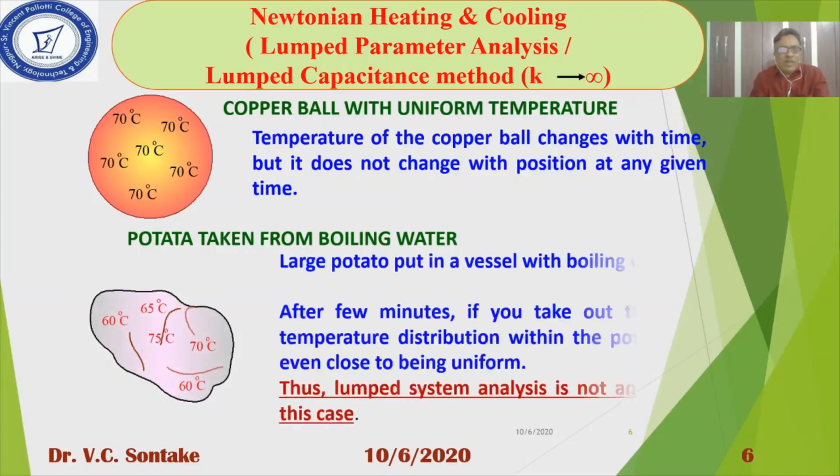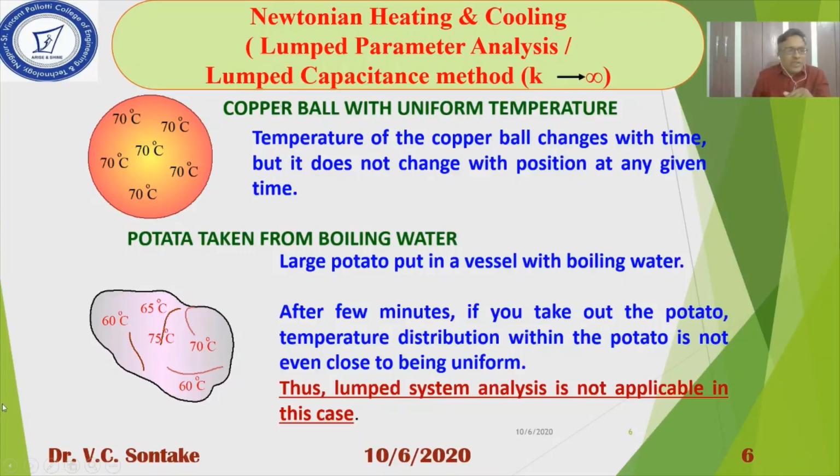Now, the moment you take out the potato from the boiling water, its temperature will be different everywhere, as you can see here. It is having different temperatures at the different surfaces. Now, this potato cannot be considered as a lump as far as its surface temperature is concerned. So, the lumped parameter analysis cannot be applicable in this case.